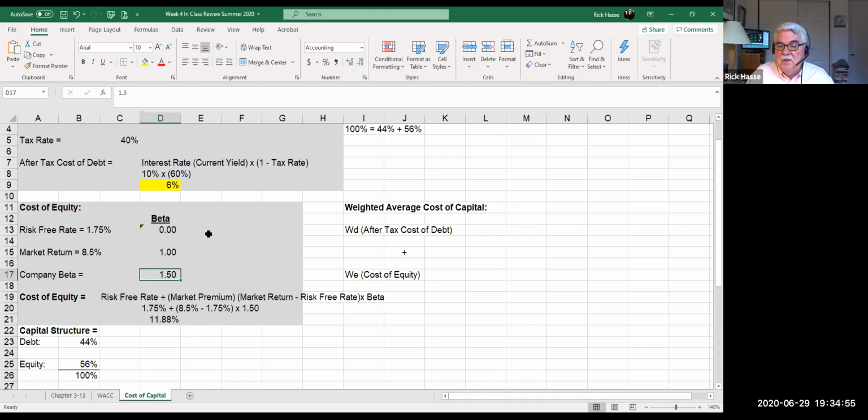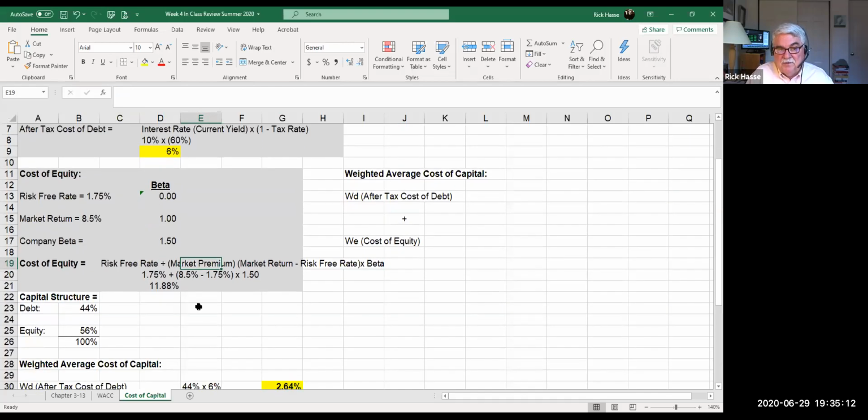So the cost of equity, remember the capital asset pricing model, is taking the risk-free rate plus the market premium, and the market premium is defined as the market return minus the risk-free rate, times the beta of the company.